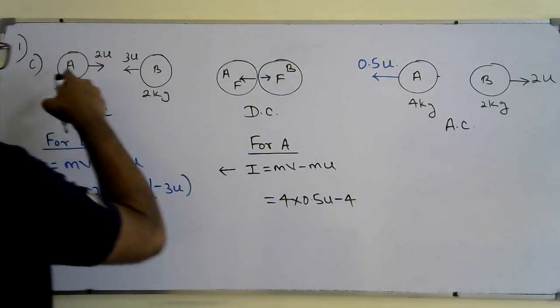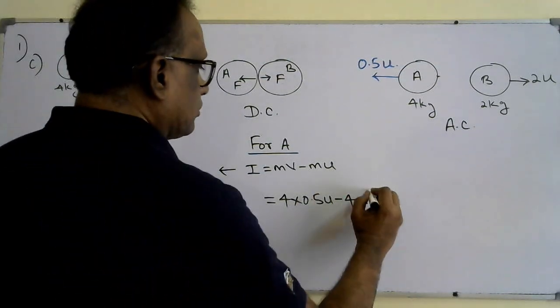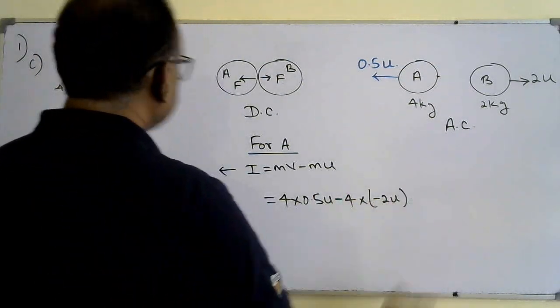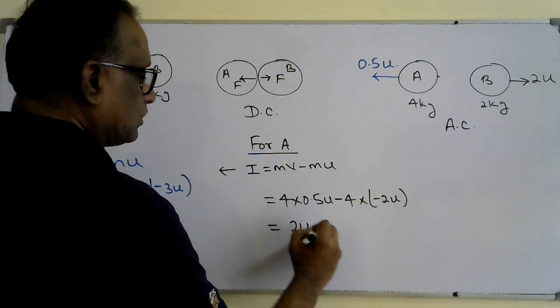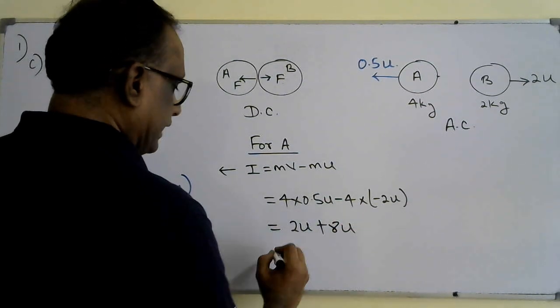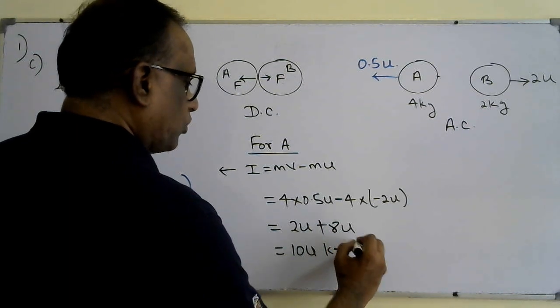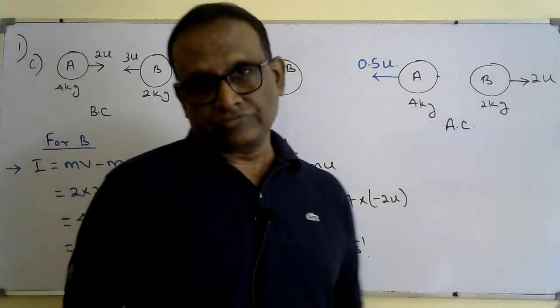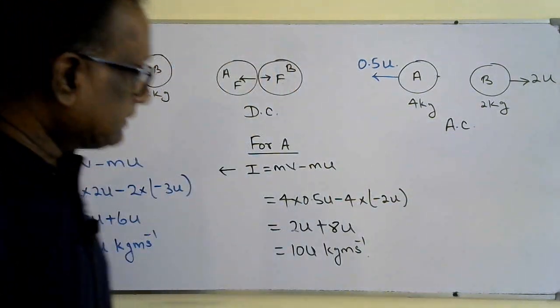The initial velocity of A is towards right, and towards left is taken positive, so into minus 2u. Solve it: 4 into 0.5 is 2u, minus into minus plus 4 into 2, 8u. You will get 10u kilogram meter per second. So both will have the same magnitude of impulse. That's what I told when I did the brief theory revision.